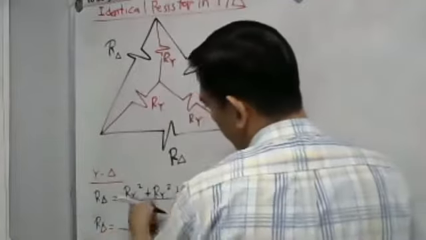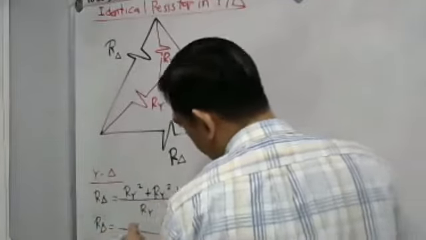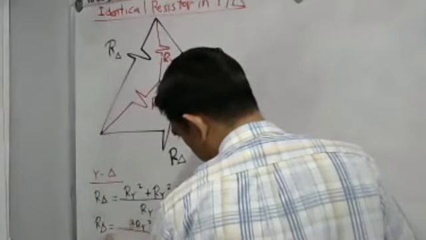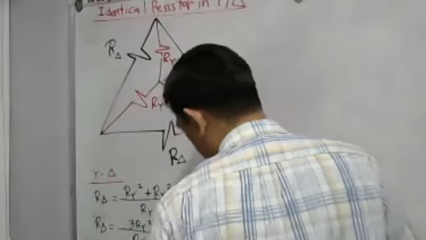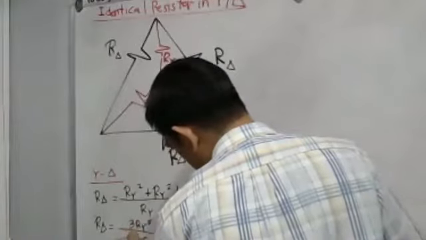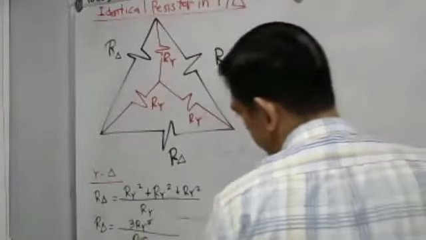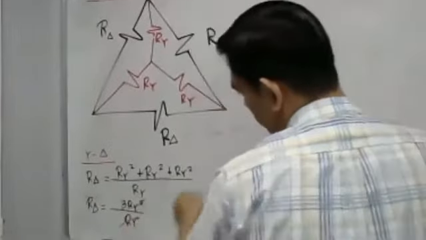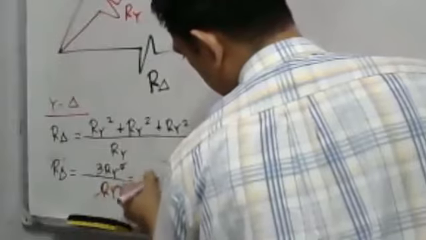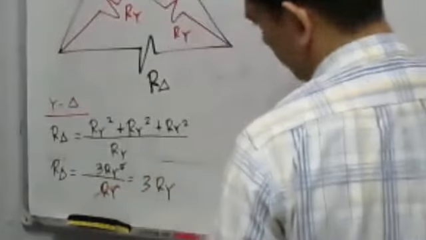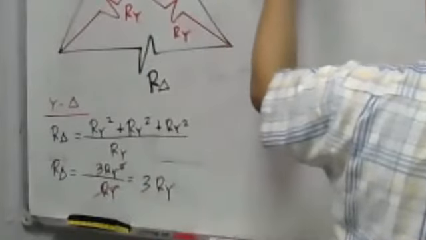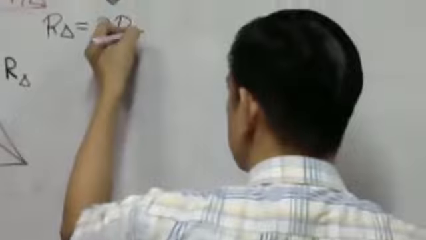We have 3Ry squared divided by Ry. One Ry will cancel out, so what will be left is 3Ry. So, we may say here that our R delta is equal to 3Ry.